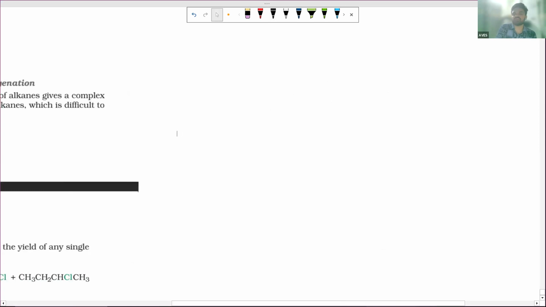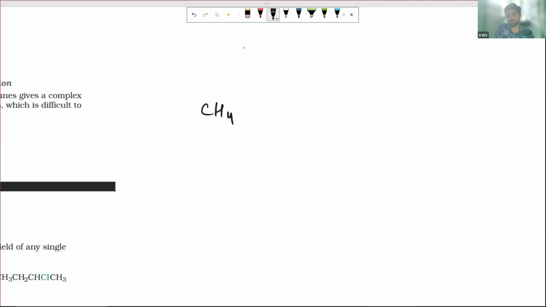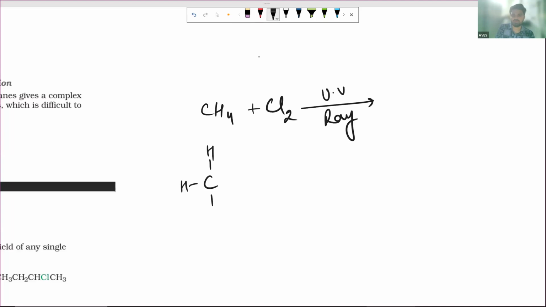Whenever we have an alkane, for example, CH4, and we pass chlorine gas through it in the presence of UV rays, then what is going to happen is that this is CH4, with hydrogen bonded to carbon, and this is chlorine, one chlorine atom here.